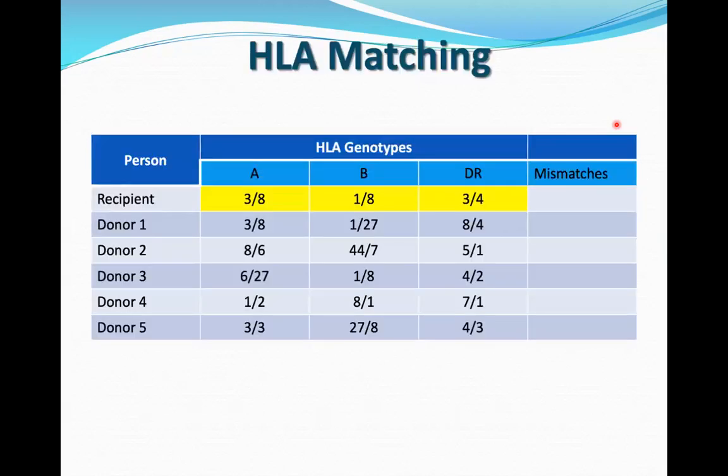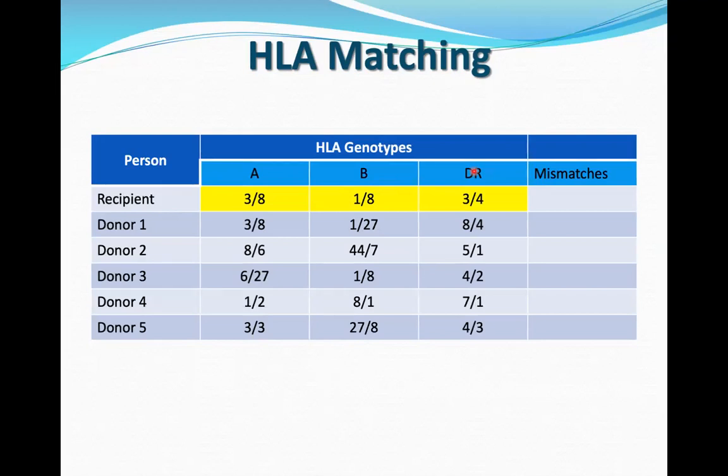This is shown here, where for kidney transplants they only looked at 3 of the classes of HLA, 2 from class 1, A and B, and 1 from class 2, DR. Don't ask me why, but this is what transplant surgeons tell me, and I wouldn't test you on that.